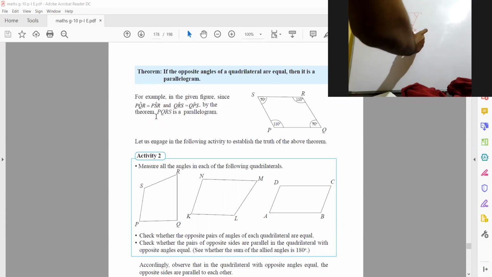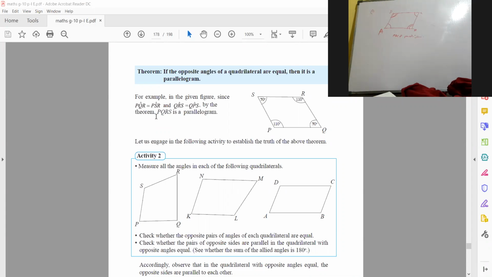Then, as we know this is a parallelogram, we can use the other properties of it as well, right? The things we learned in the first lesson. Suppose that there's a diagram and it says the opposite sides are equal.